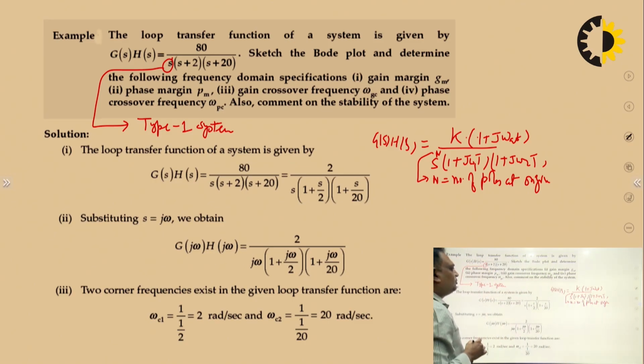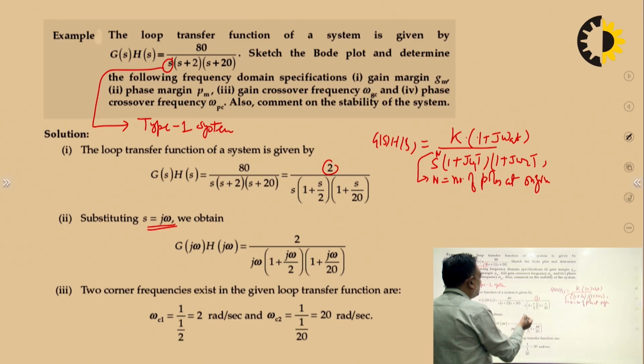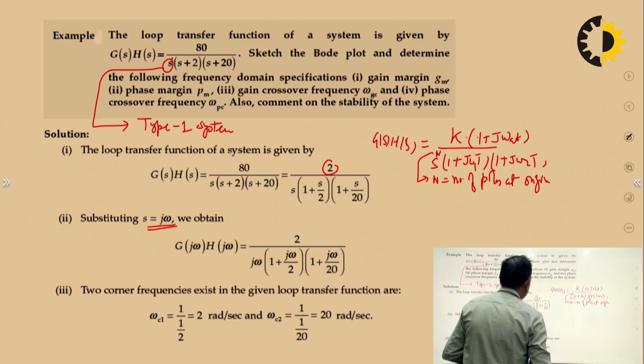Okay, so first of all, we will convert our given transfer function into standard form. For doing this, we are basically solving it, and then we will put s equals j omega. When we have converted it, we will take 20 and 2 outside, so this value will become 2, and all other terms will become s times (1 plus s by 2) times (1 plus s by 20).